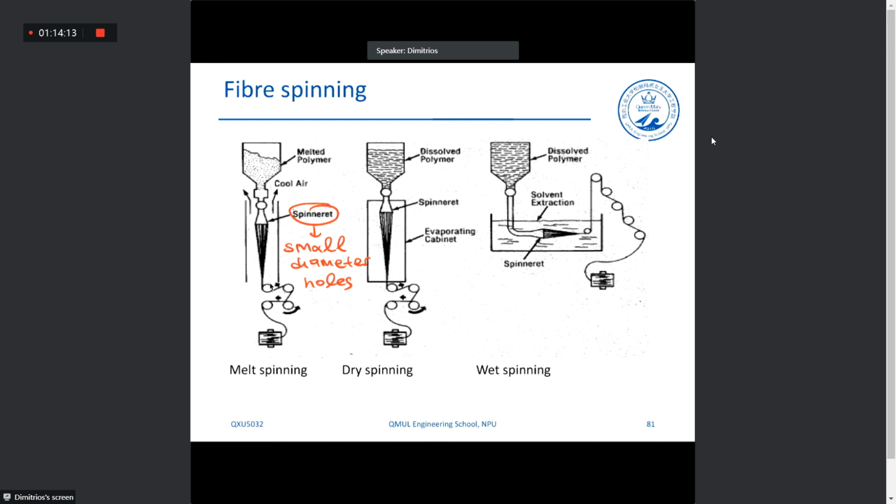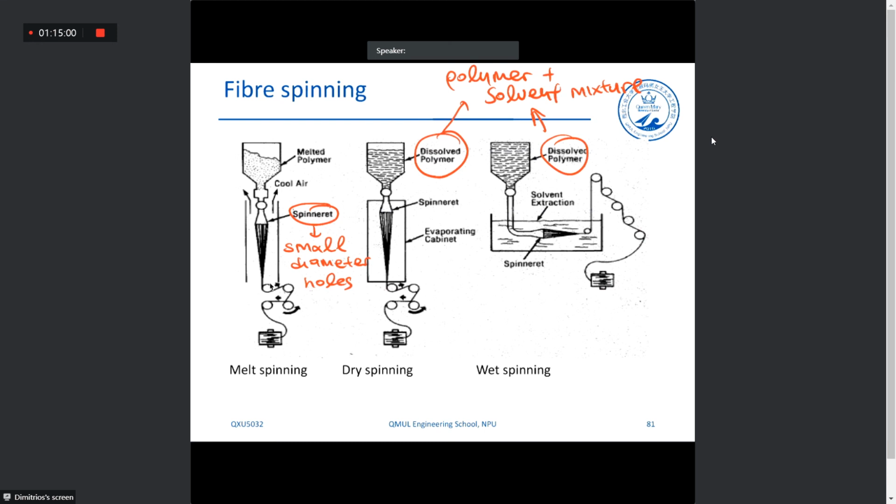We extrude the polymer with a solvent into a liquid environment, which essentially leads to the solvent here evaporating. Or we extract the solvent by reacting it with something else. And in this case, we fabricate these fibers, okay?